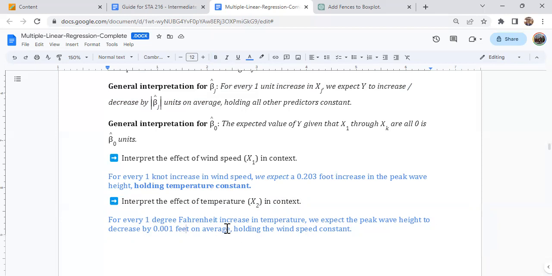So this sort of quantifies or describes how the scatter plot looked to us. It didn't seem like there was much going on between temperature and the wave heights. This describes it because it's saying as it gets 1 degree warmer, the peak wave height barely changes, that we would expect.